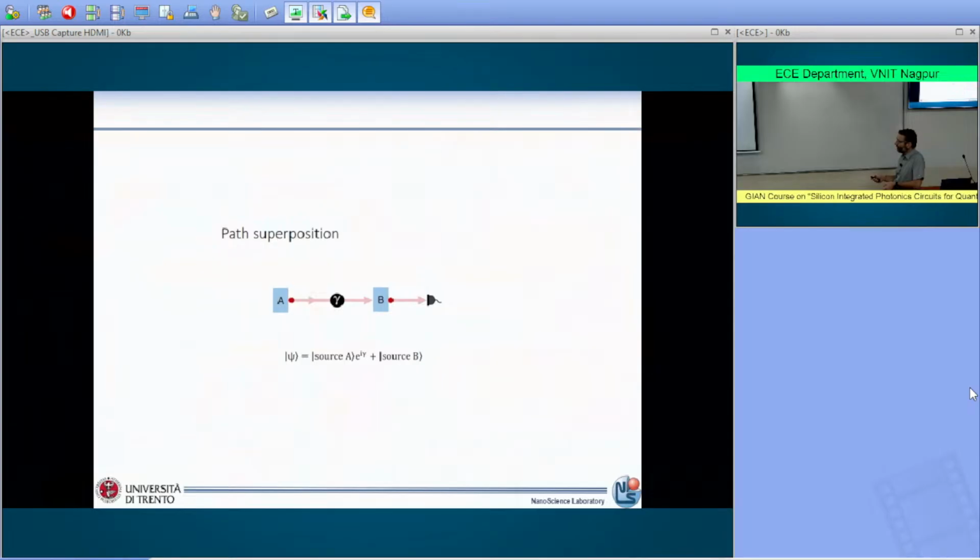And so at the end of this path, the wave function is given by the superposition between the photon generated by this source or the photon generated by that source, modulated by the phase shift that the photon generated by this source has taken. And therefore, we have a quantum interference spectrum here.